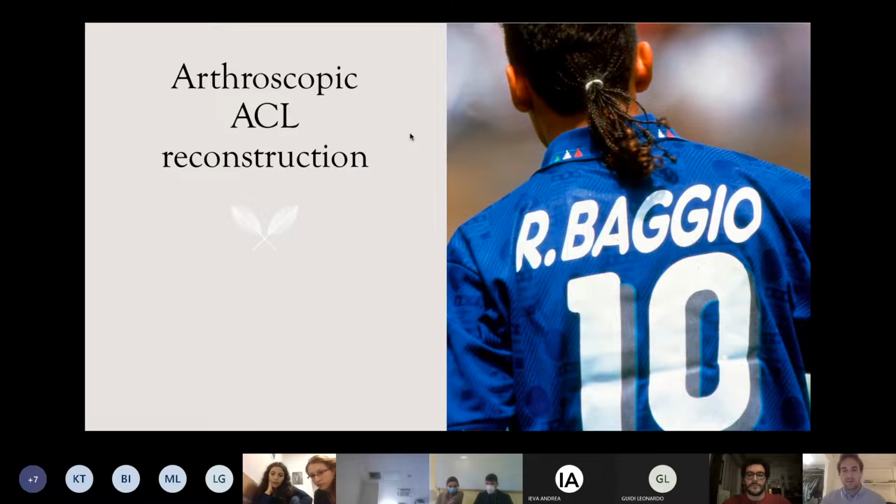So it was a great recovery that was believed to be almost impossible, and they decided to write a clinical case about Roberto Baggio. He was able to recover in such a short amount of time for mainly three reasons. First of all, obviously, the anterior cruciate ligament was reconstructed in the correct way.